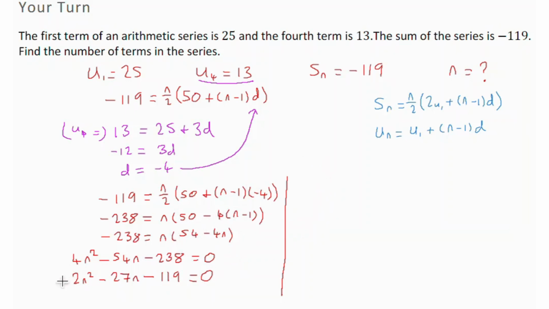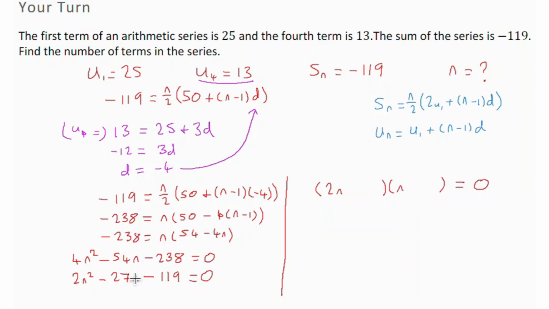To factorize this, we know it's going to be 2n and n at the front of the brackets, and then we need to think of two numbers that multiply to give 119 and add to give minus 27. Well, 119 is 7 times 17, so we're going to have 7 and 17 in here in some way.